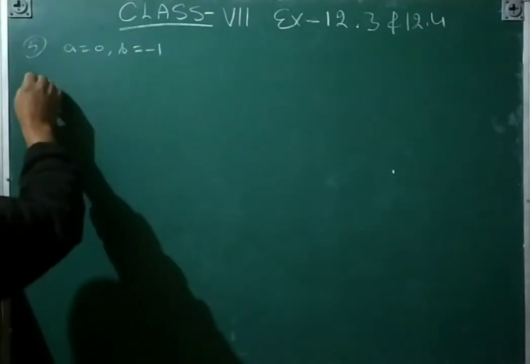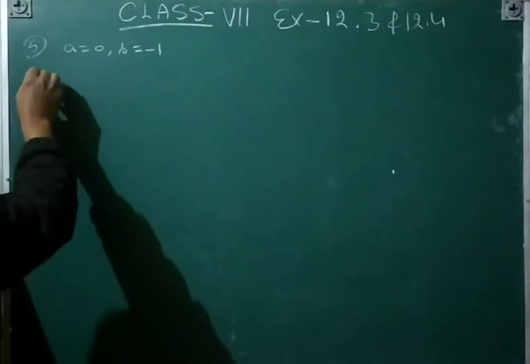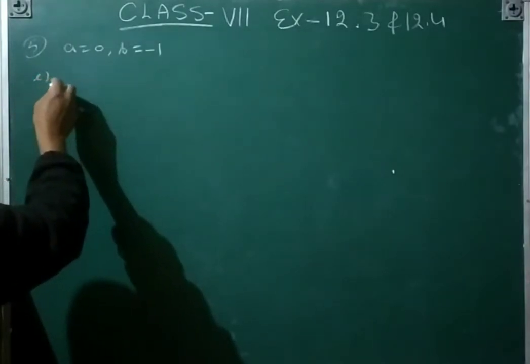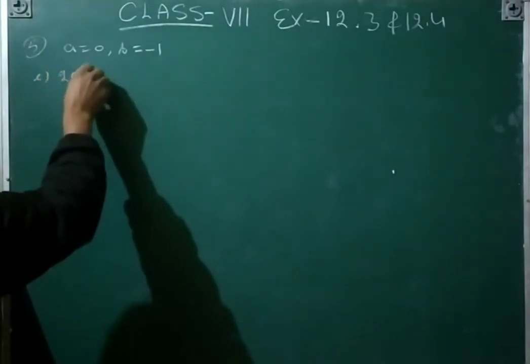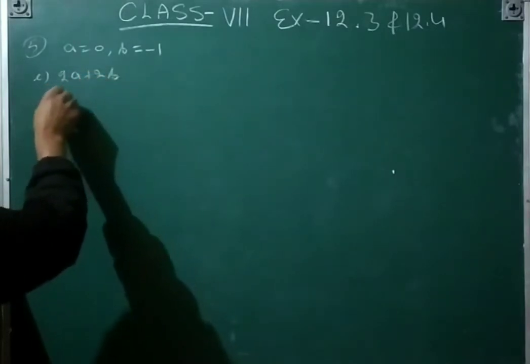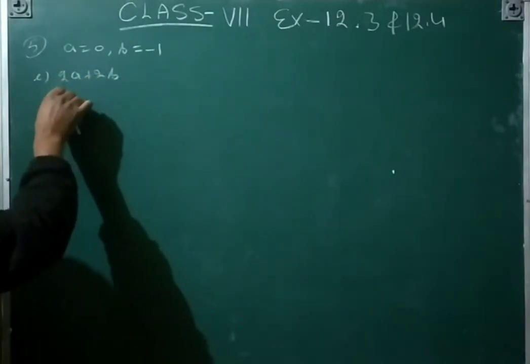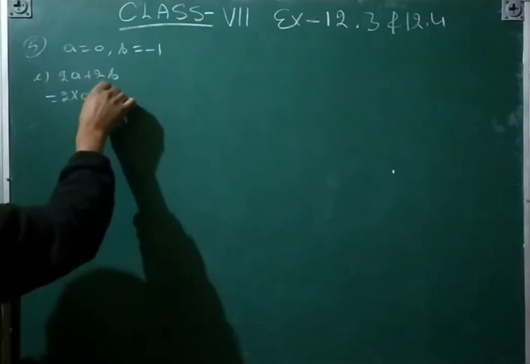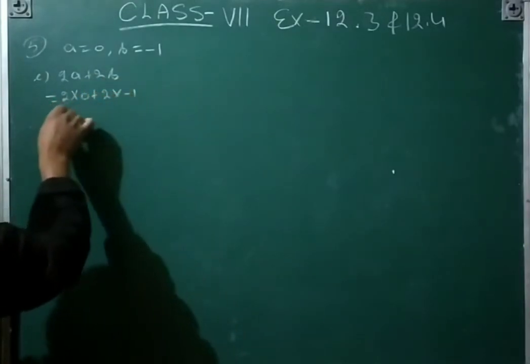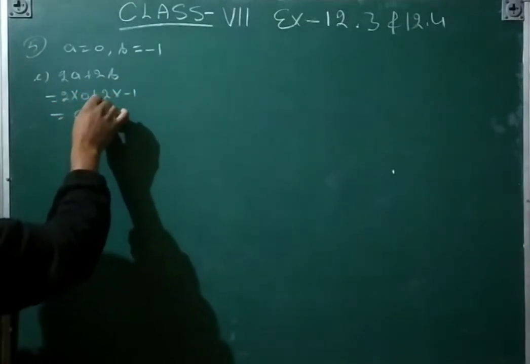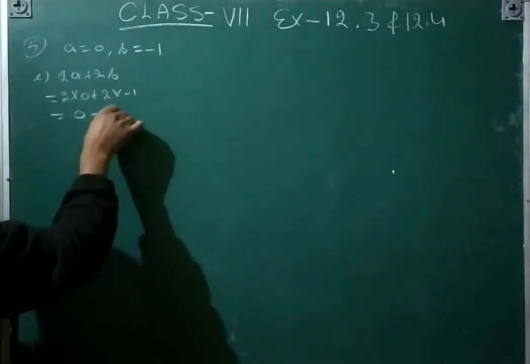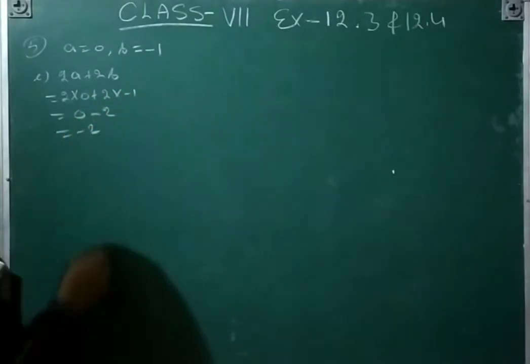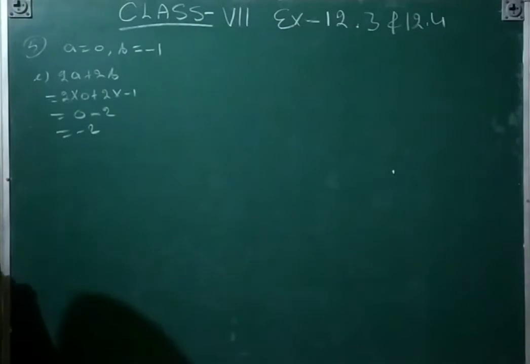So first part is 2a plus 2b. So 2 into 0 plus 2 into minus 1. 2 zeros is 0, and then plus minus 2 ones is minus 2. So the final answer is minus 2.